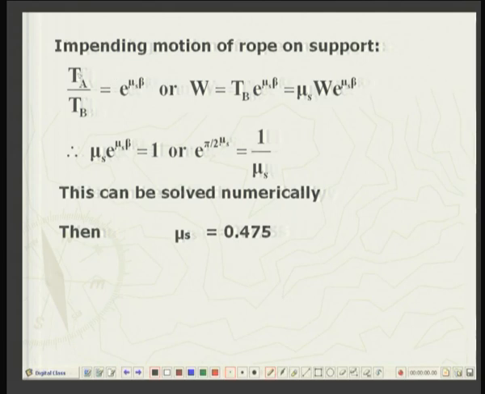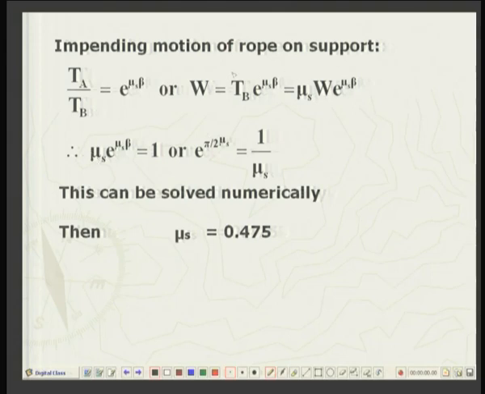So, substituting for TA, which is equal to W, and then TB, which is mu s times W, into exponential of mu s beta.